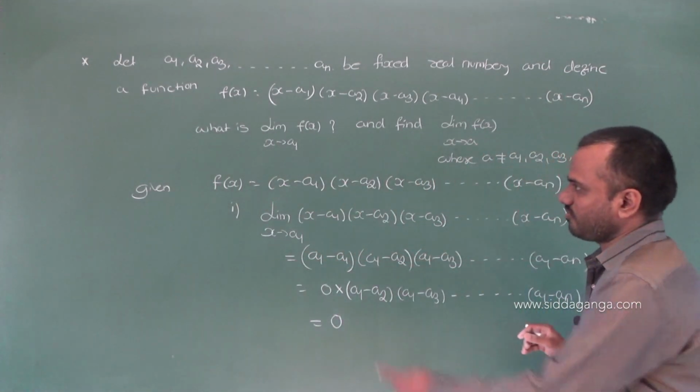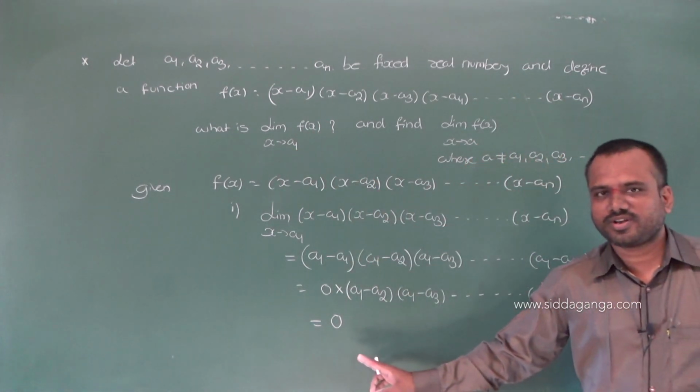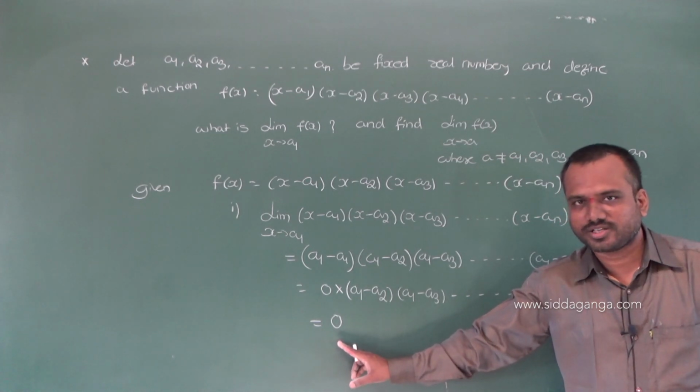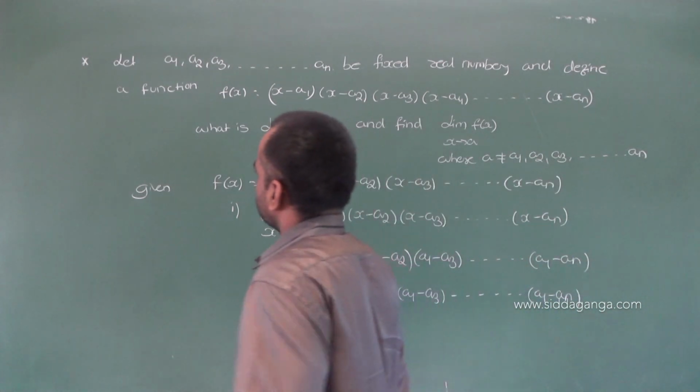So what is the value of limit x tends to a1 of f of x? Answer is 0. Okay, first value is over.